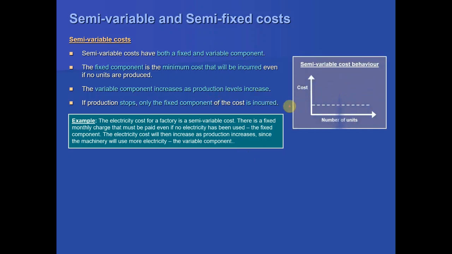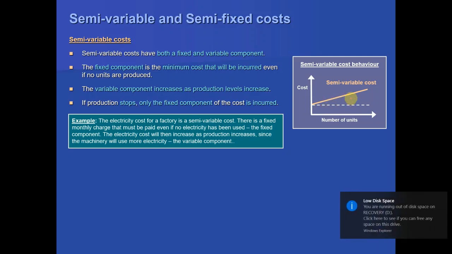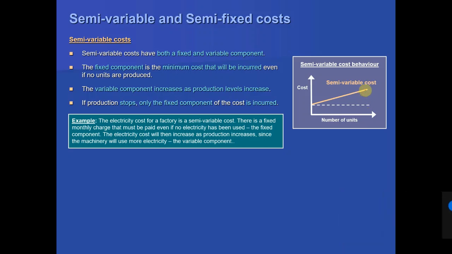So graphically, we have the fixed component as indicated in the dotted line. So even if we produce 0 units, we will have a cost. And then as the production increases, the variable component will increase so that the semi-variable in totality will also increase.